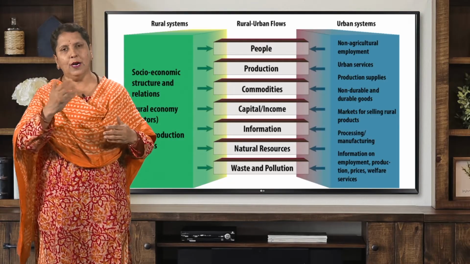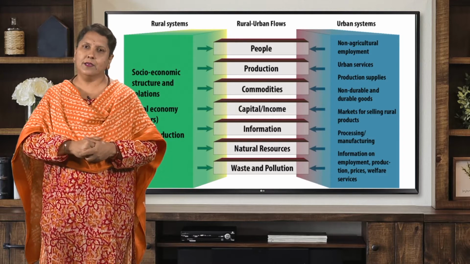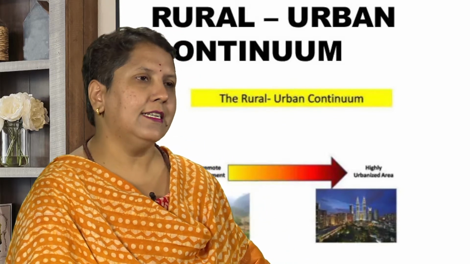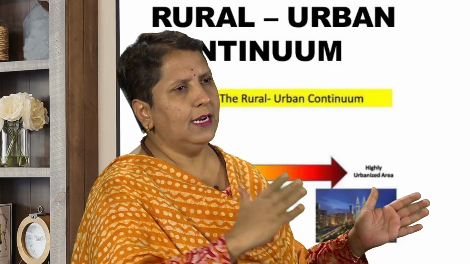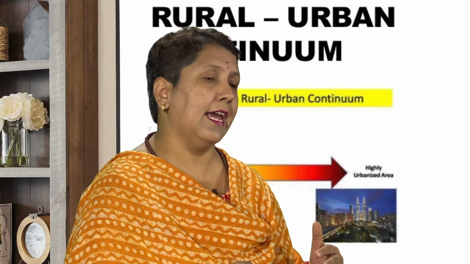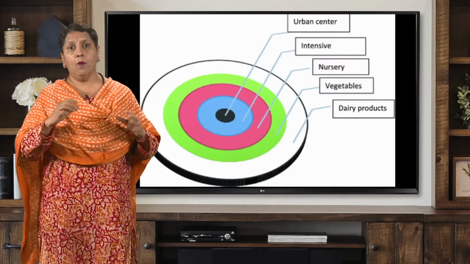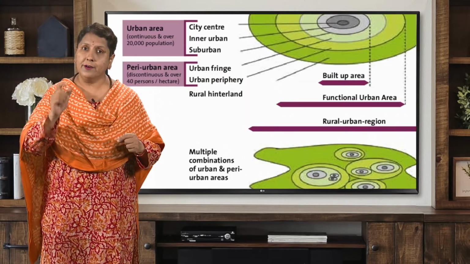We will continue this aspect of discussion on various urban concepts, and in this lesson we will try to understand a beautiful dichotomy between rural and urban, and in that connection we will try to understand what we mean by rural urban continuum, what is rural urban fringe, and what is the concept of Rurban.